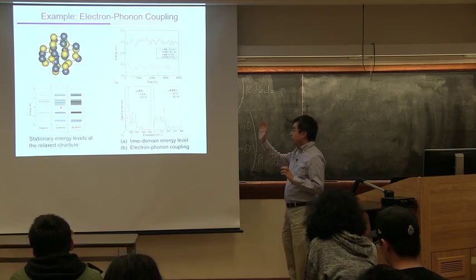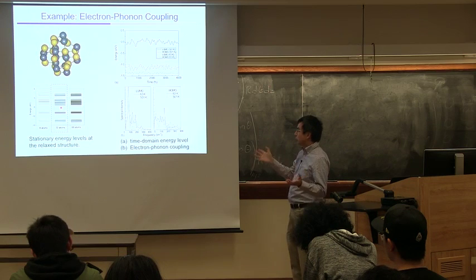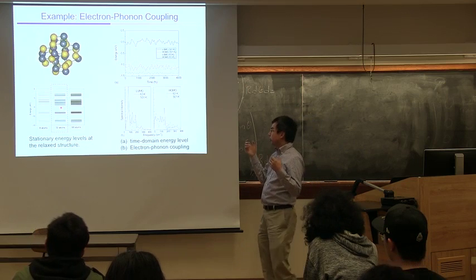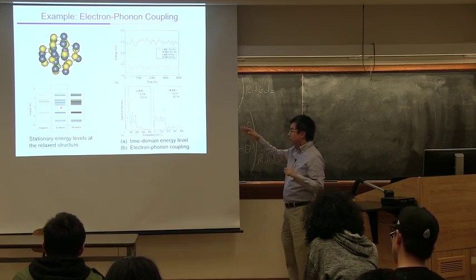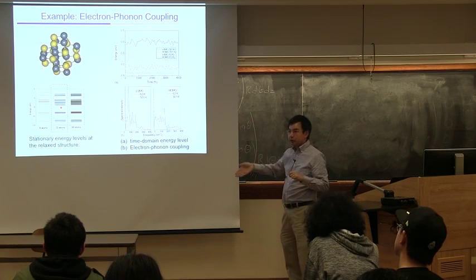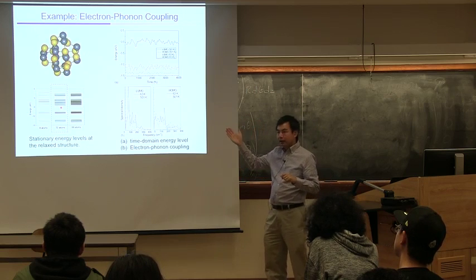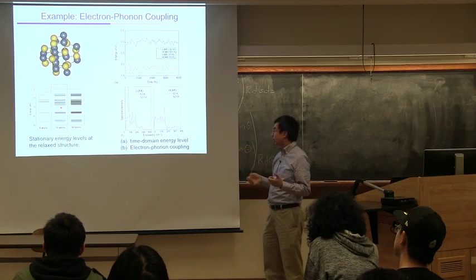Now, once you increase the temperature to a finite temperature, all the atoms will move, right? And now you can imagine that for each unique configuration, the electronic structure will be different, right? Or in other words, at each time step, the system will have a different electronic structure, right?